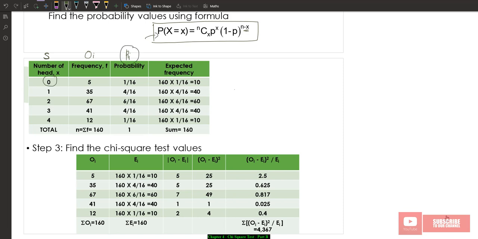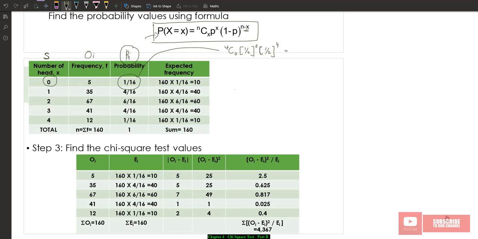For this example, the first probability value is 4 choose 0, multiplied with the probability of success 1/2 power of 0, multiplied with the complement 1/2 power of 4 minus 0.